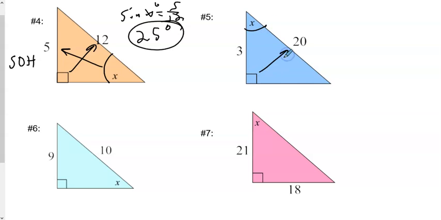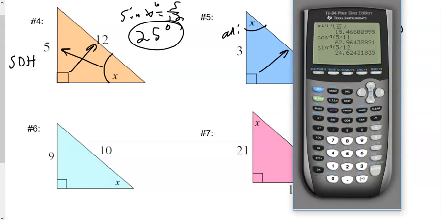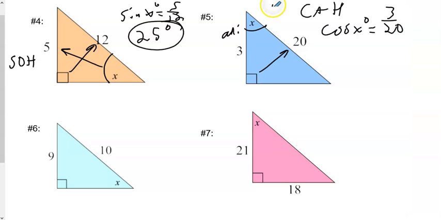We have hypotenuse, and we have adjacent. That's cosine. So cosine of our unknown angle equals adjacent over hypotenuse. 3 over 20. We just type that in. Second cosine 3 divided by 20. 81.3, so 81 degrees.